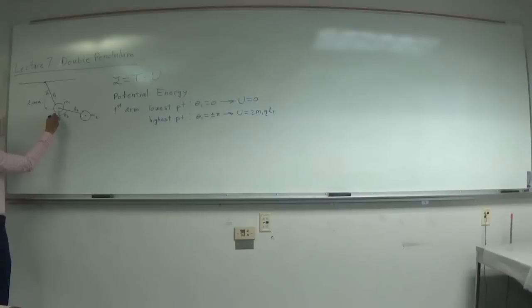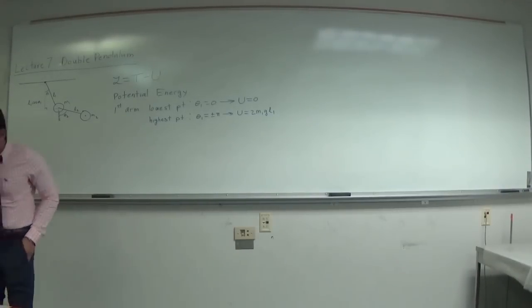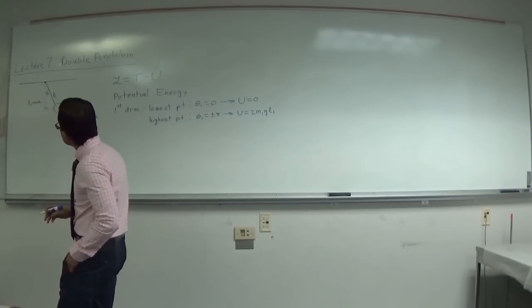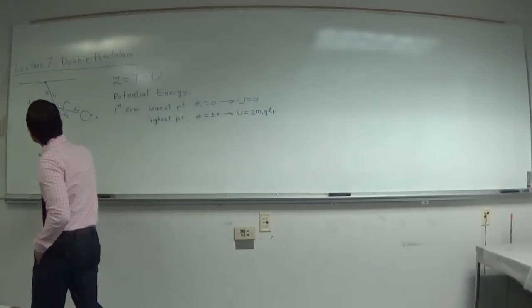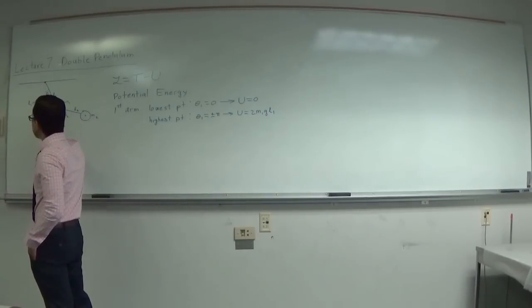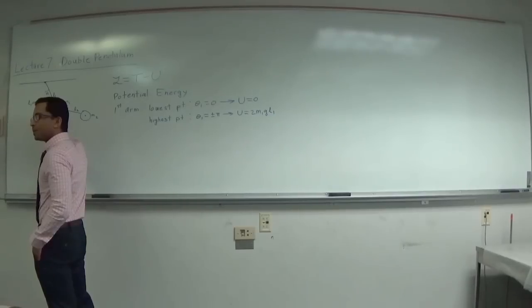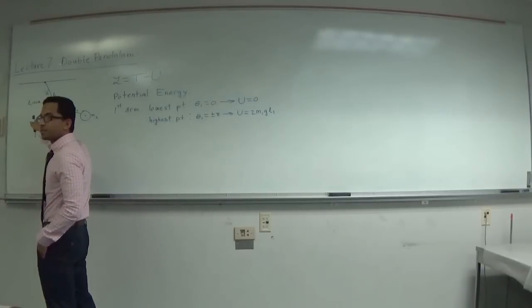So how high is it from the lowest point if this is L1 cosine theta 1? It's L minus this, right?